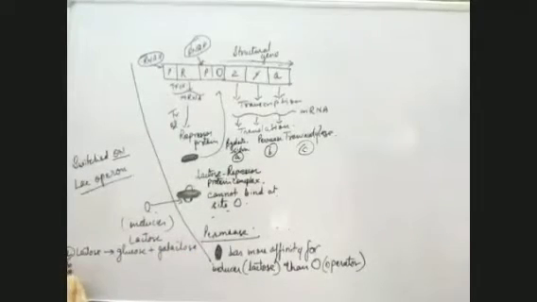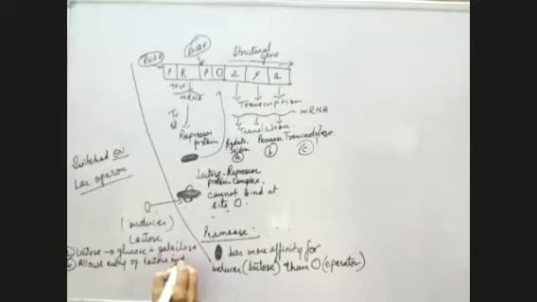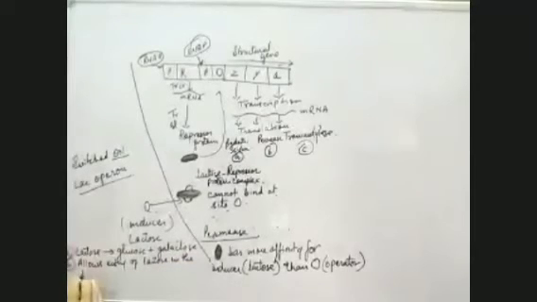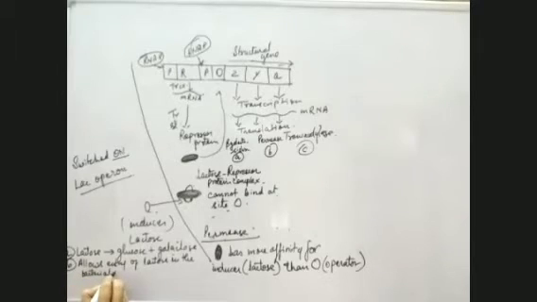Function of B allows entry of lactose in the cell, in the prokaryotic or bacterial cell. And what is the function of C?